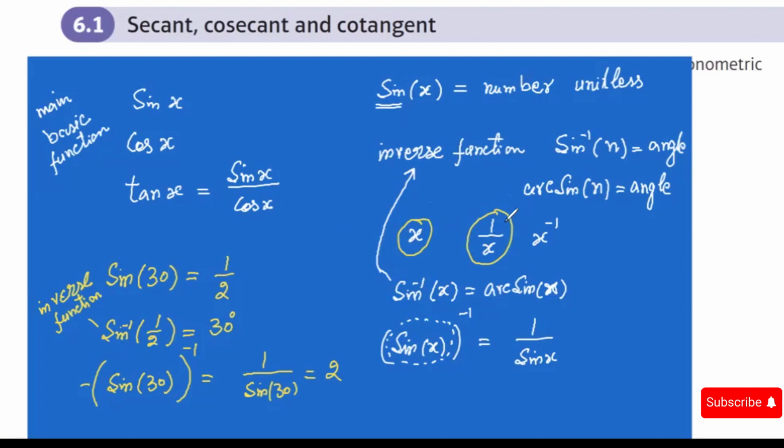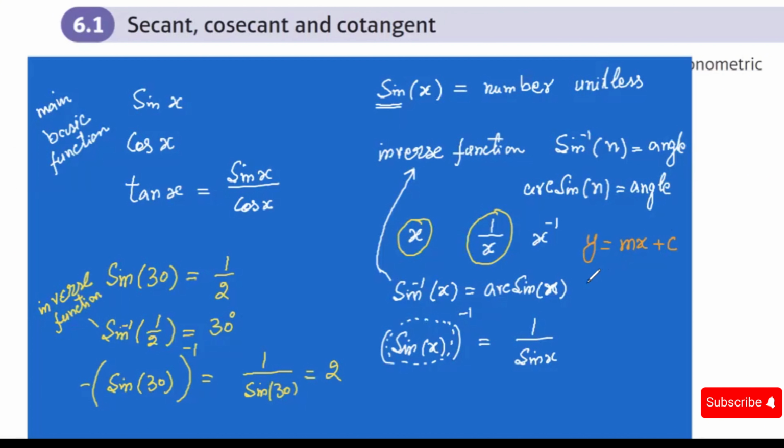Then when we say the inverse of a function, for example, I have a function y is equal to mx plus c. Now I want to find the inverse function.